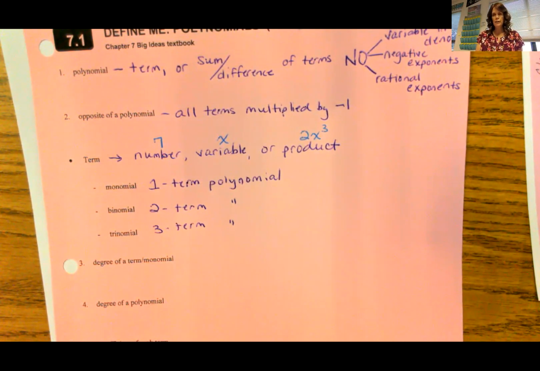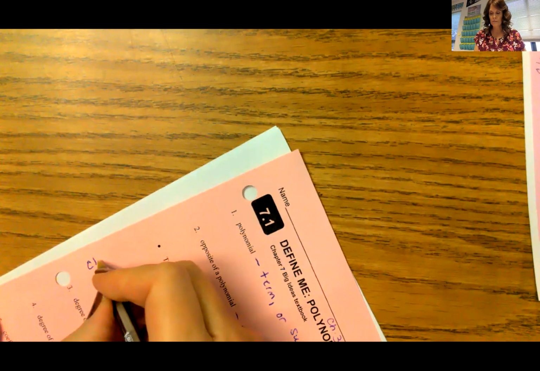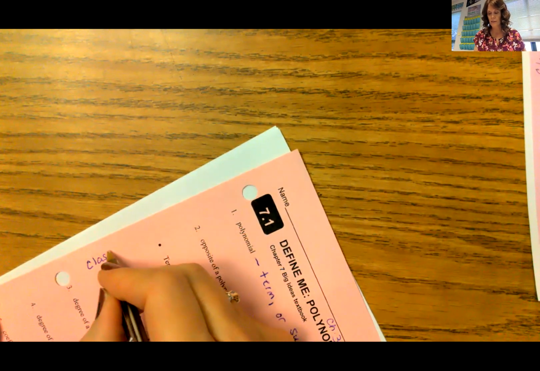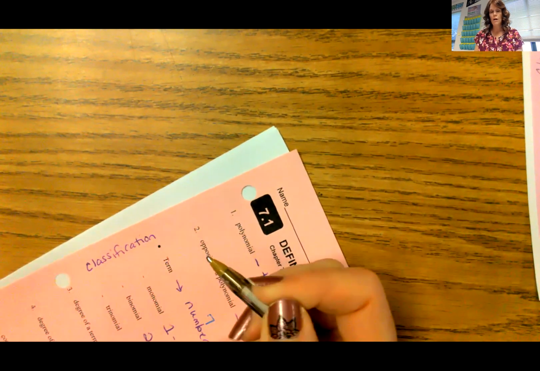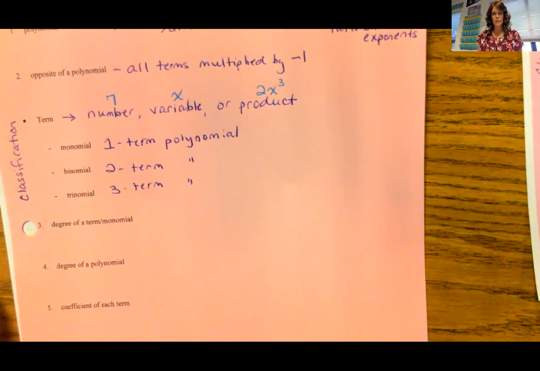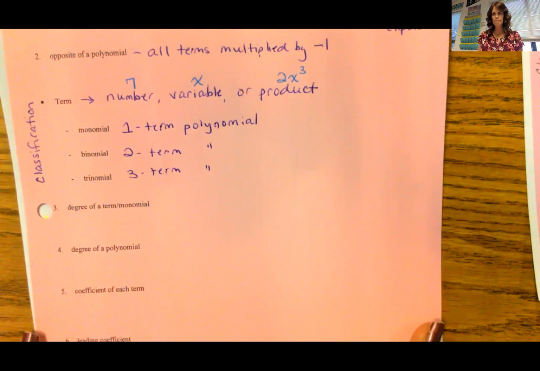But we specifically use monomial, binomial, trinomial when we are naming or classifying. So this is a classification of polynomials, to be more specific about what type of polynomial we have, okay?